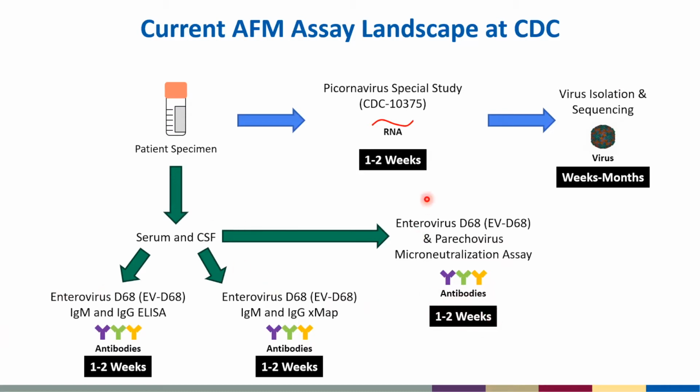And these are the 3 assays that I will talk about. The microneutralization assay I'll touch on briefly, as well as our 2 assays that we use to detect binding antibodies, which are ELISA and this XMAP assay. I will say that all of these three assays are currently under development, and they're not CLIA approved assays and are not quite ready to go live.